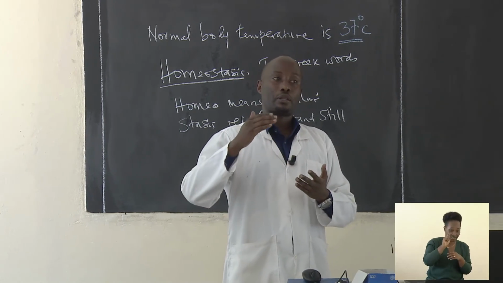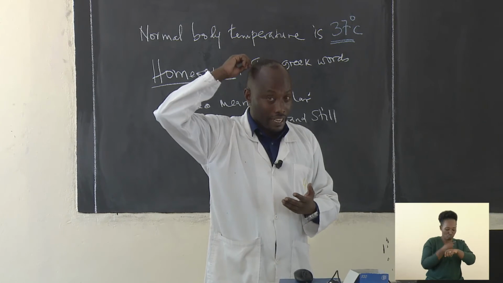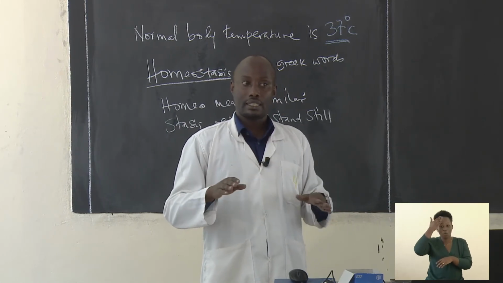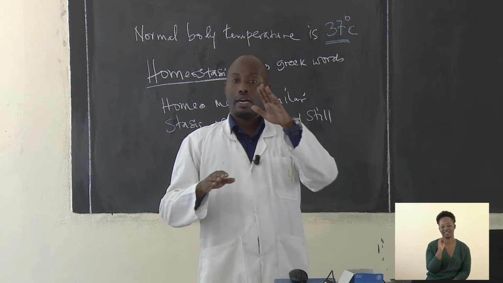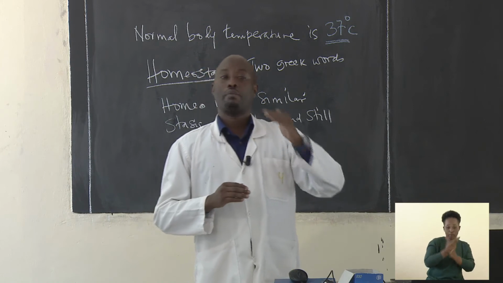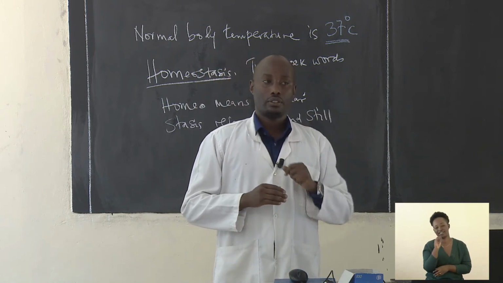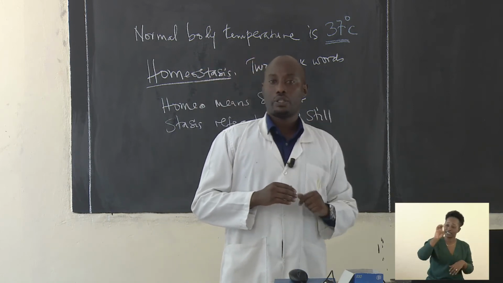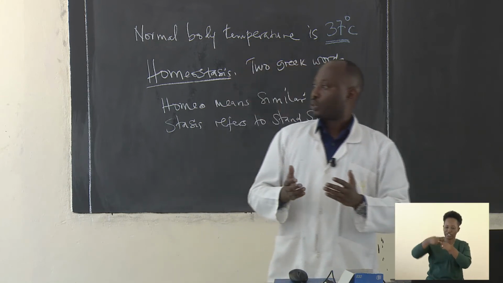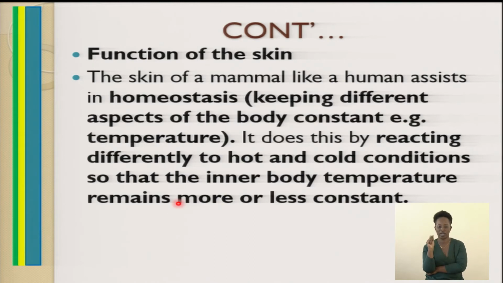That's the protein that makes your hair grow, and also the nails. The protein normally found in the dermis is called collagen. Students, collagen is very important in making the structure of the skin.